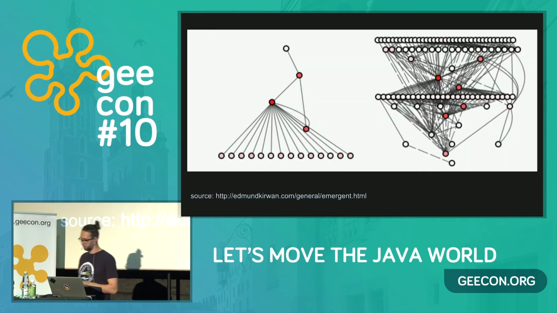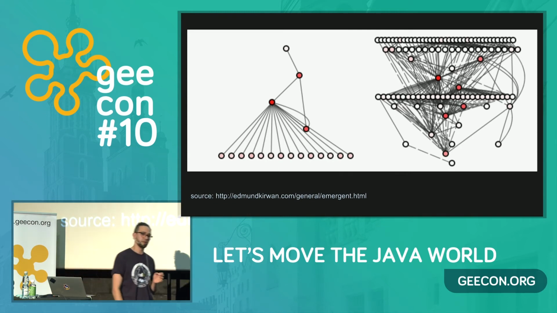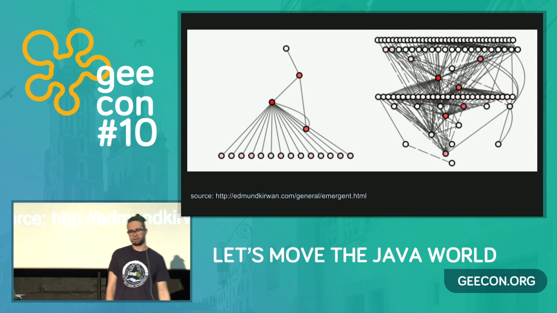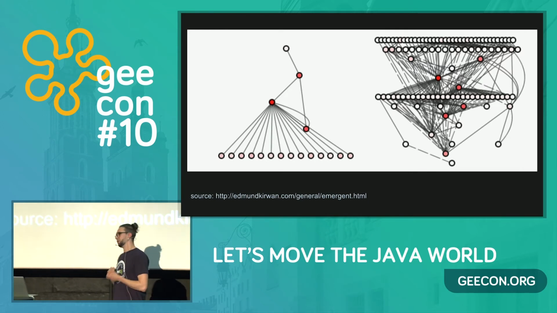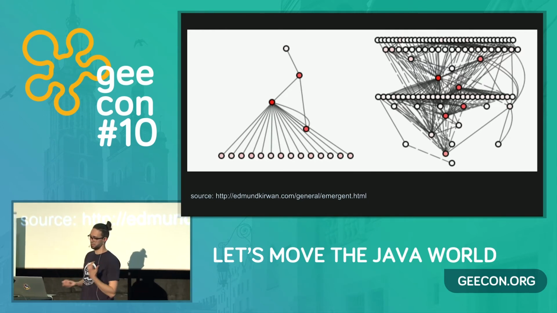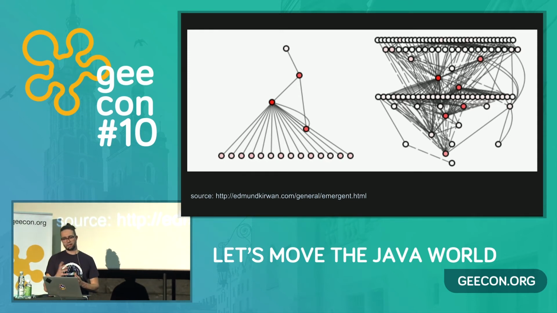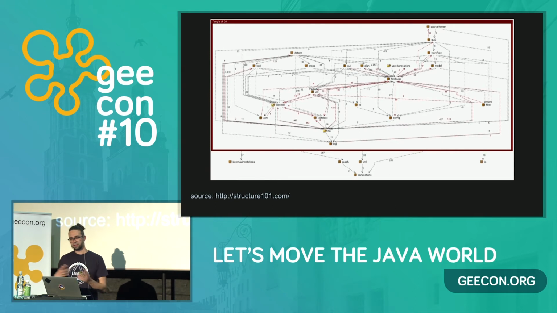There have also been some very interesting initiatives. These ones are by Edmund Kirwan. They're called spoiling diagrams, where you can draw graphs of components in a system, be it classes or Java packages or whatever, and there are some patterns that you observe that could identify good or bad design.